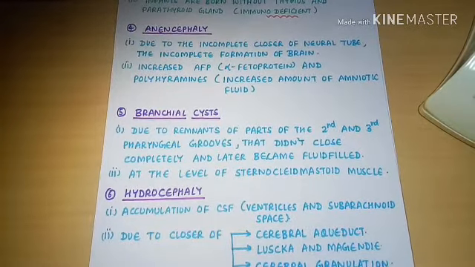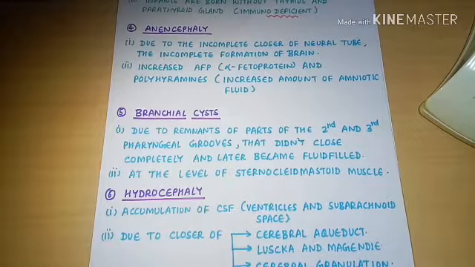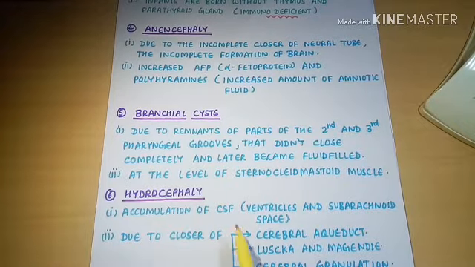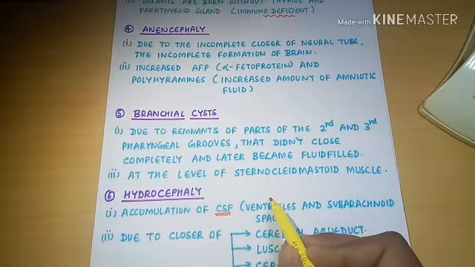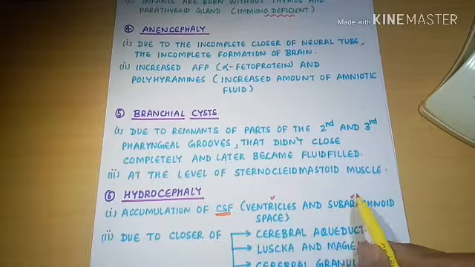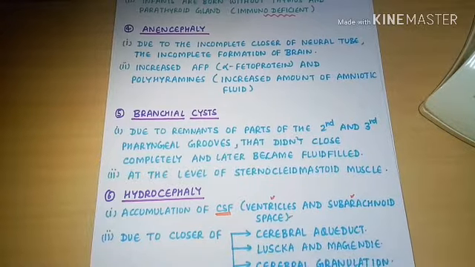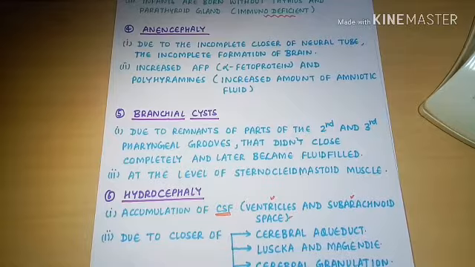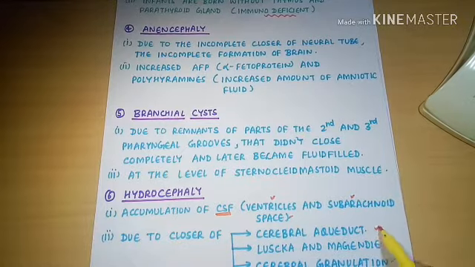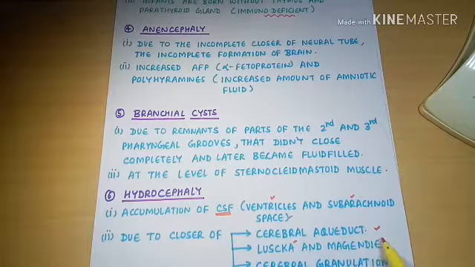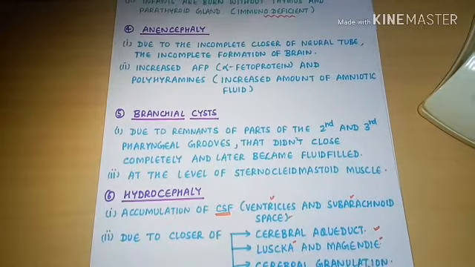The next type of defect is hydrocephaly. Hydrocephaly is the accumulation of cerebrospinal fluid. We know that cerebrospinal fluid is formed in the ventricles of the brain and the subarachnoid space. So this cerebrospinal fluid will get accumulated there. Why will the cerebrospinal fluid get accumulated? It is due to closure of the cerebral aqueduct or sylvian duct, the foramen of Luschka, or it might be that the foramen of Magendie is closed.